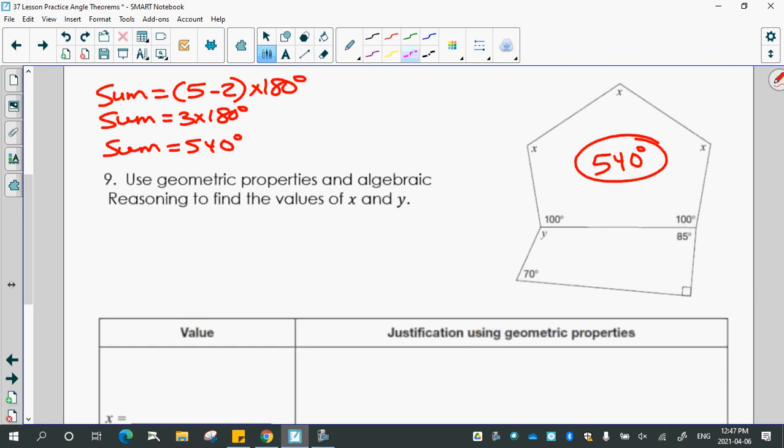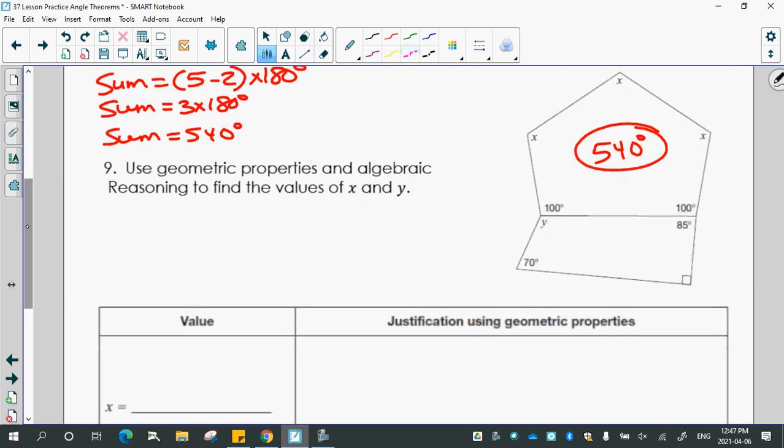Once you got that 540, all of the interior angles add up to that. So it's easy to make your equation. X plus x plus x plus 100 degrees plus 100 degrees equals 540 degrees. So there's your equation.